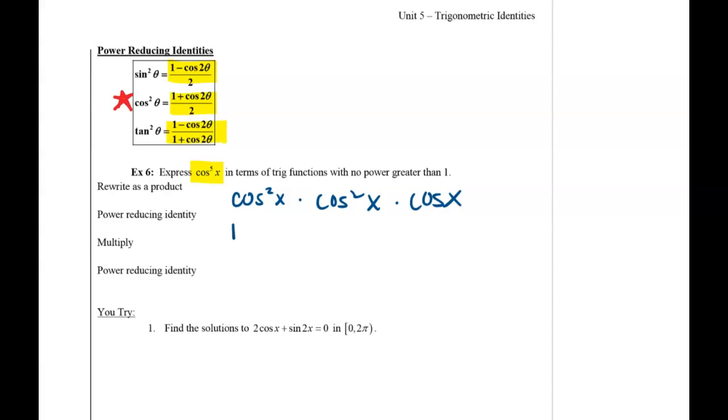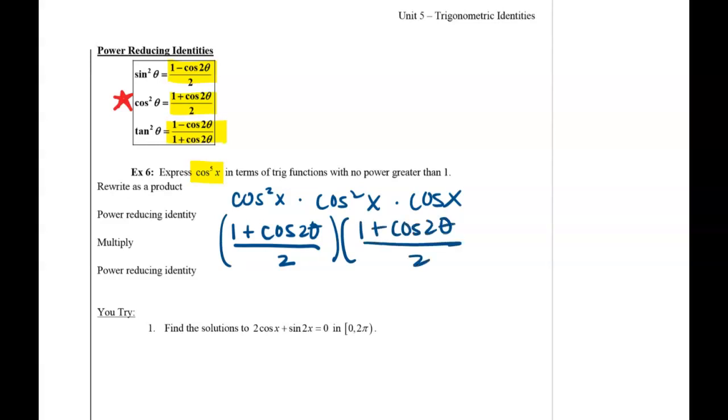So now I have 1 plus cosine 2 theta over 2, and you notice I have 2 of those cosine squares. So I'm going to have 2 of these: 1 plus cosine 2 theta over 2 times cosine x.